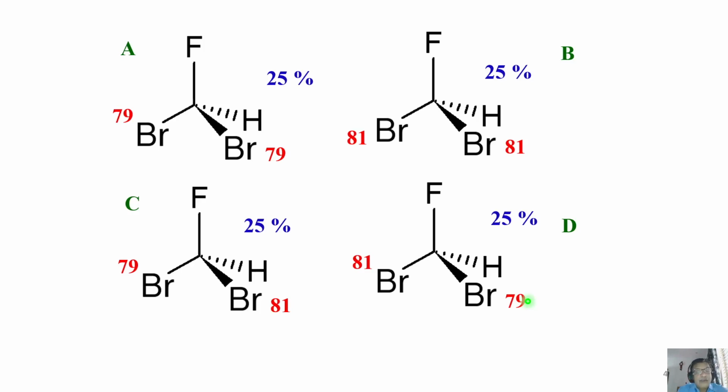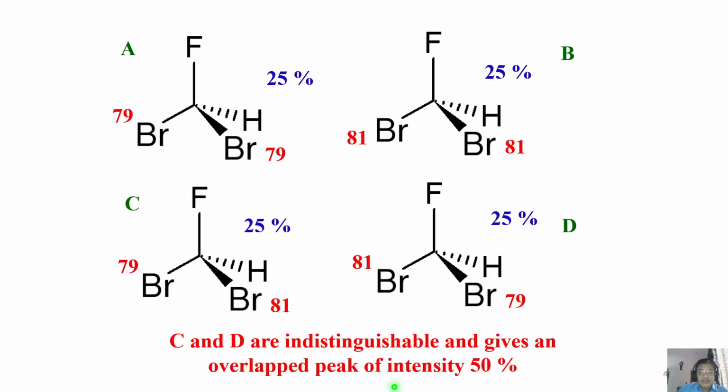All are equally probable. Now, if you carefully see, C and D are indistinguishable. Whether 79 is here or here, whether 81 is here or here, doesn't matter, because these are indistinguishable isotopomers.